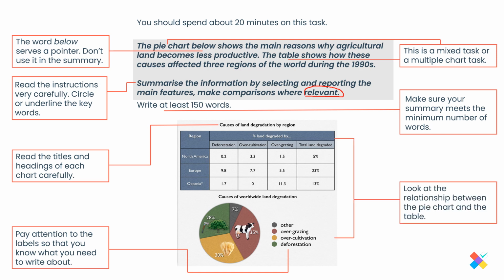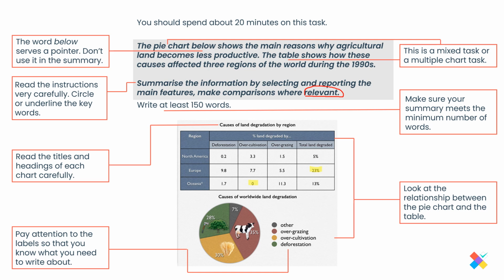And then it is extremely important for you to identify the relationship between the pie chart and the table, because you have to write about this. So if I have to identify the things which stand out, I can see that Oceania has 0 here. I can see that Europe has total land degraded, the biggest one.